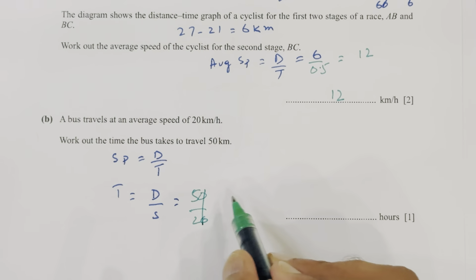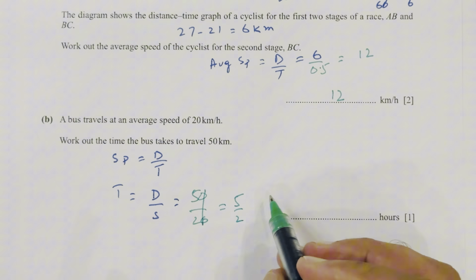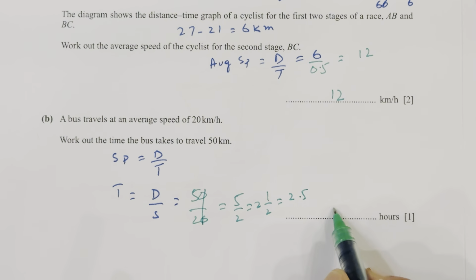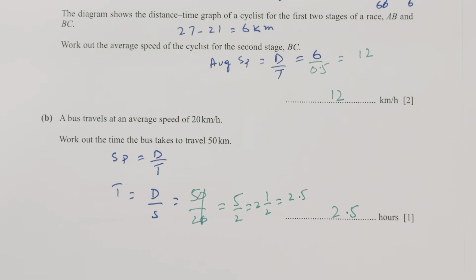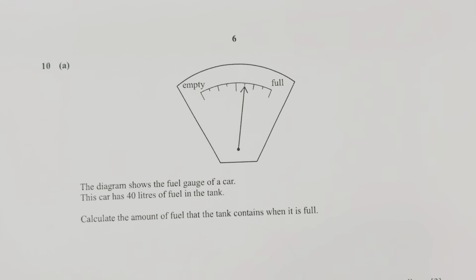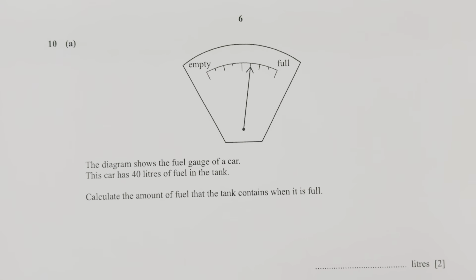We're going to cancel 0 with 0, and 5 by 2 you can write as 2 whole 1 by 2 or 2.5. So this would be your answer, 2.5 hours, or 5 by 2, or 2 whole 1 by 2. You can write even 2 hours and 30 minutes. Your answer will be considered correct.